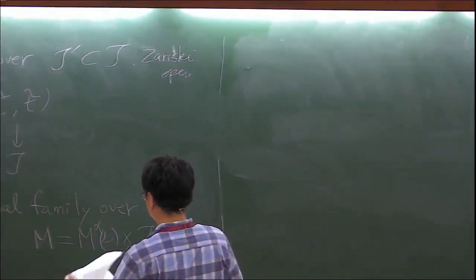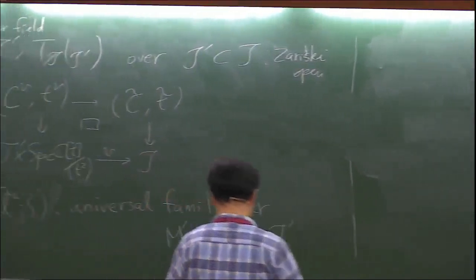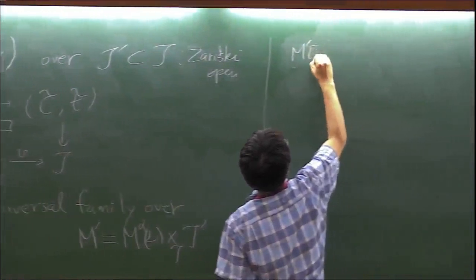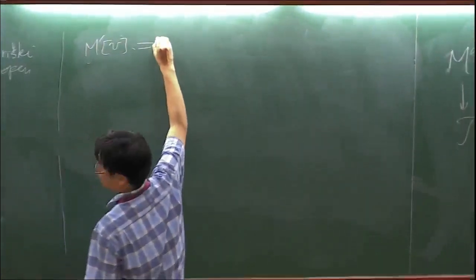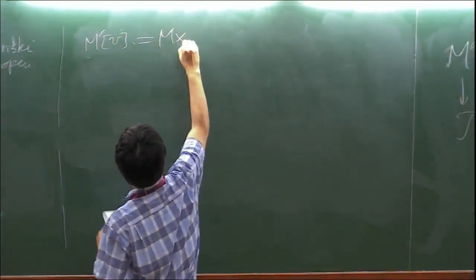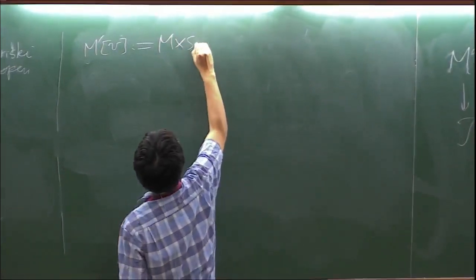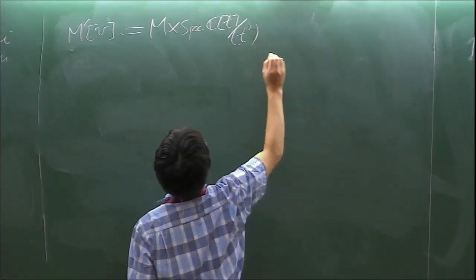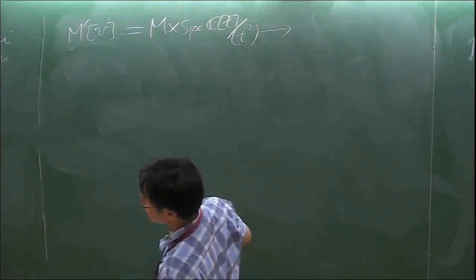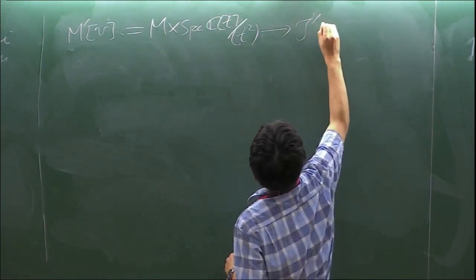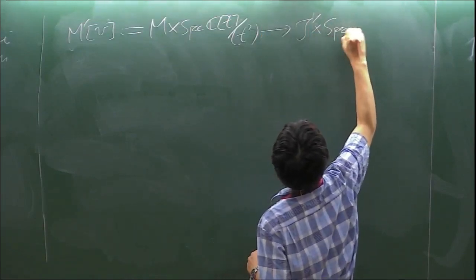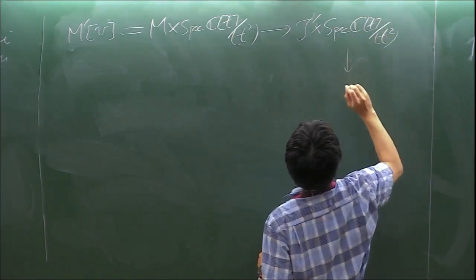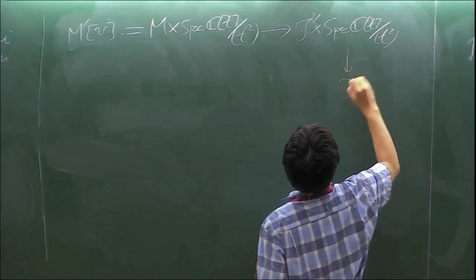And I write M prime V as M cross spec CT over T square. This is over T prime cross spec CT square over T prime.